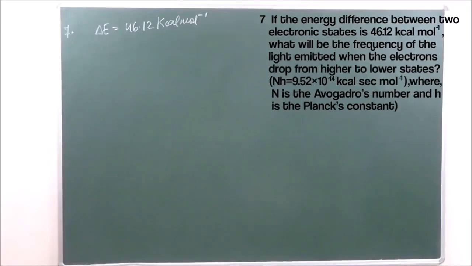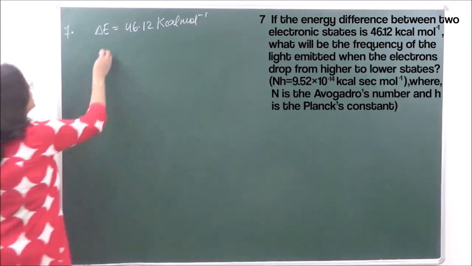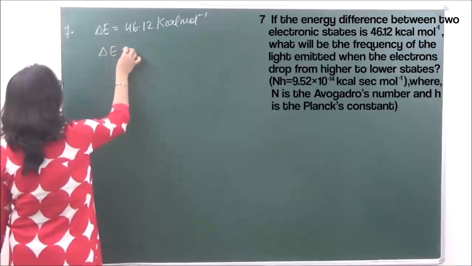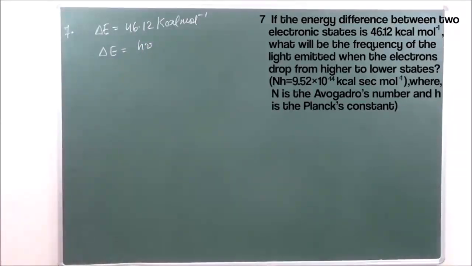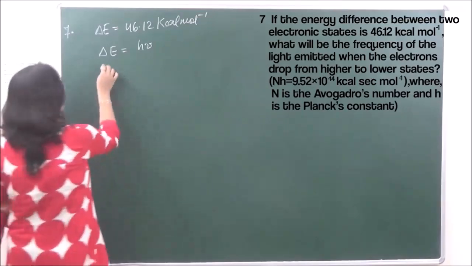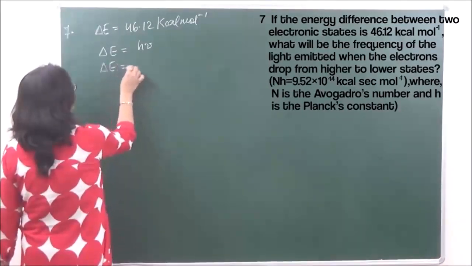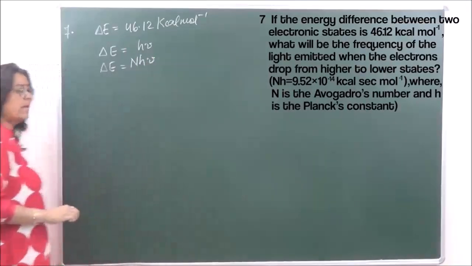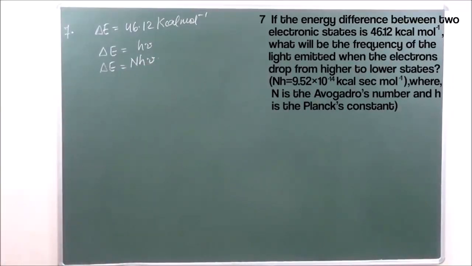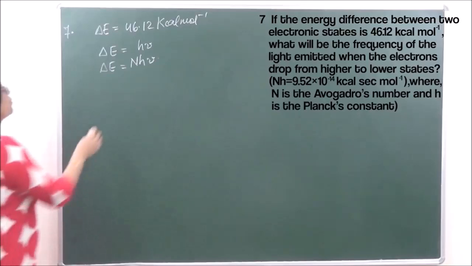Now Bohr says that delta E is equal to h nu. When we are talking of 1 mole, delta E will be equal to NH nu. The value of NH is given to us: 9.52 into 10 raised to power minus 14.